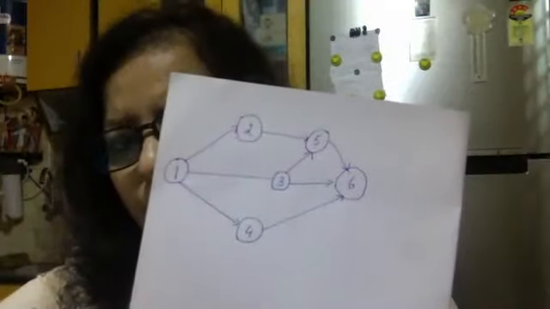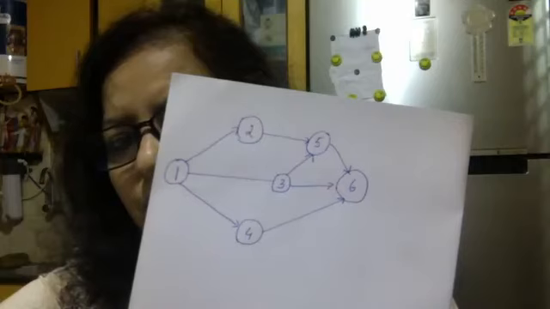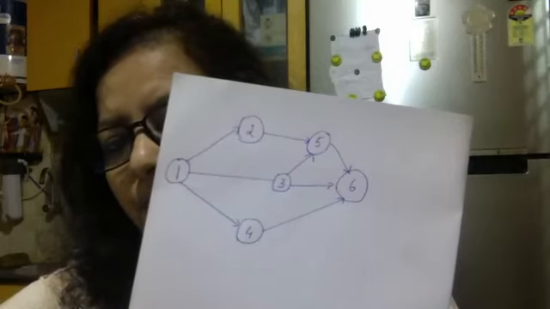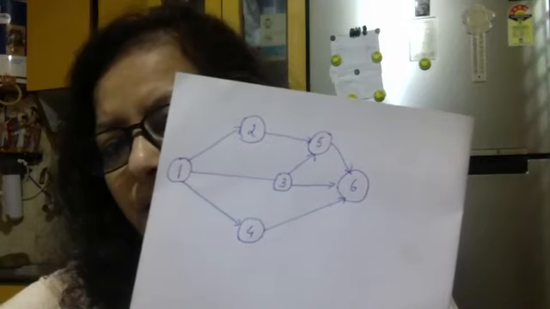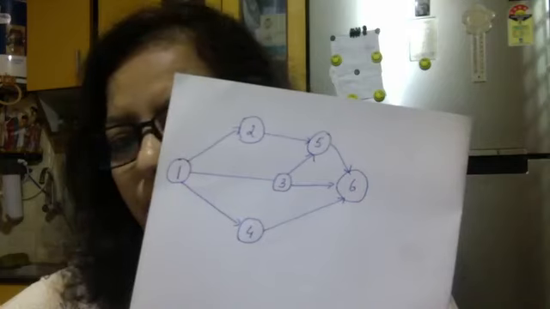So please do 4 to 6. We'll write the numbers afterwards. And then 5 to 6. Okay. So I have taken care of 1 to 2, 1 to 3, 1 to 4, then 2 to 5, 3 to 5. Then I have taken care of 3 to 6, 4 to 6 and 5 to 6. Alright.